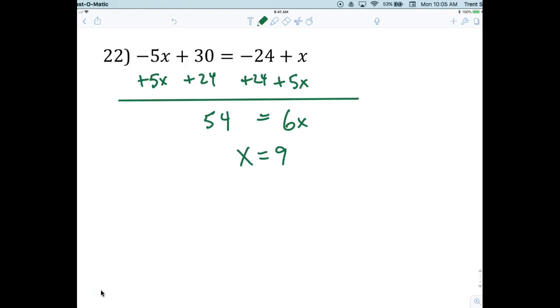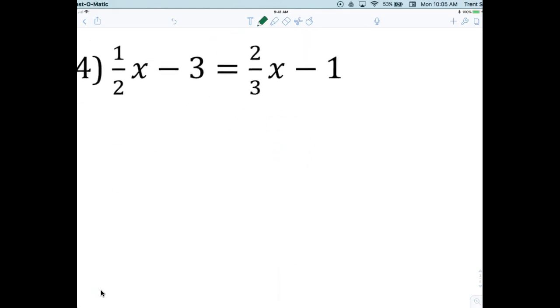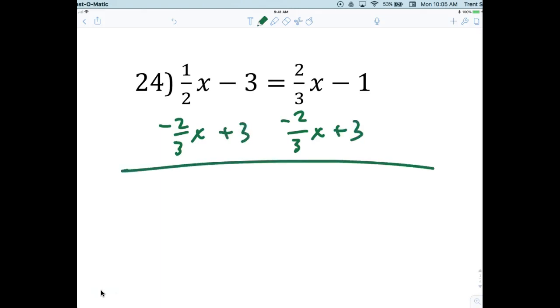All right? Here we go. 24. Minus 2/3 x, minus 2/3 x plus 3, plus 3. Cancel, cancel. -1 plus 3 is 2, right? Now I need a common denominator. Is that accurate? And the common denominator here is what? 6.